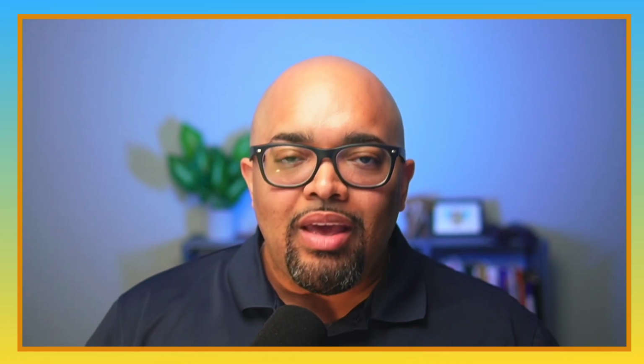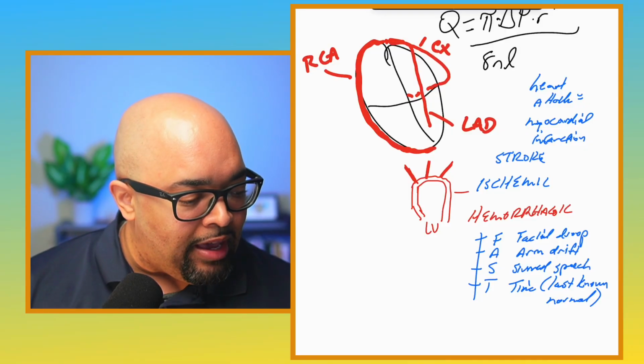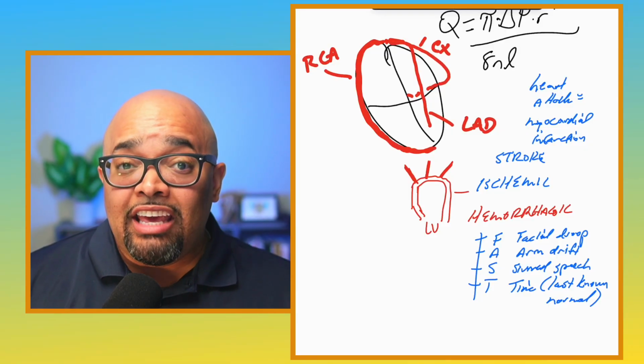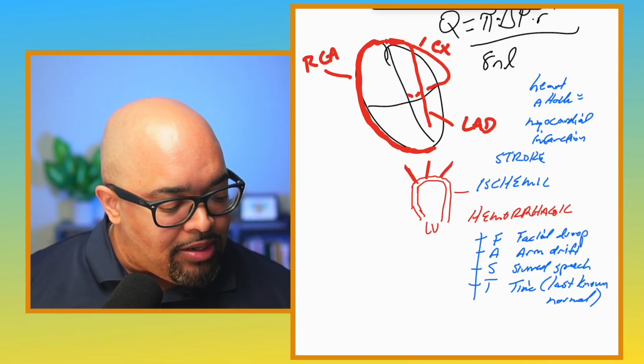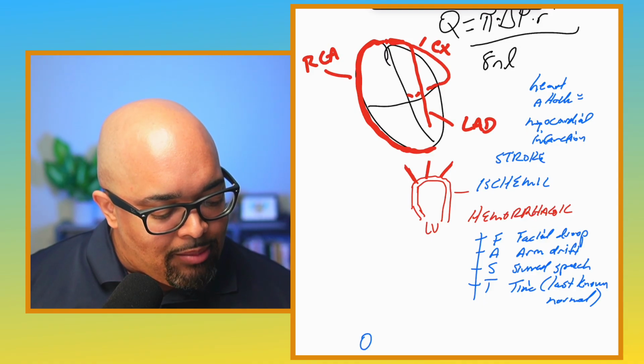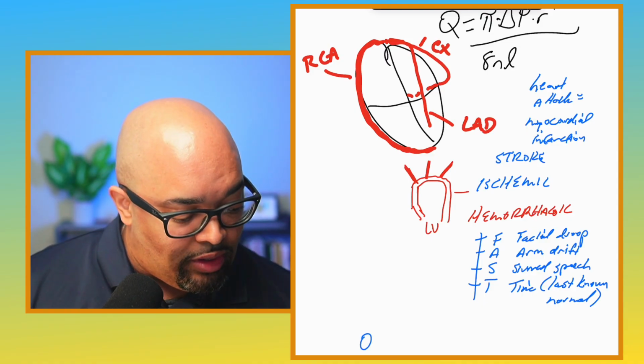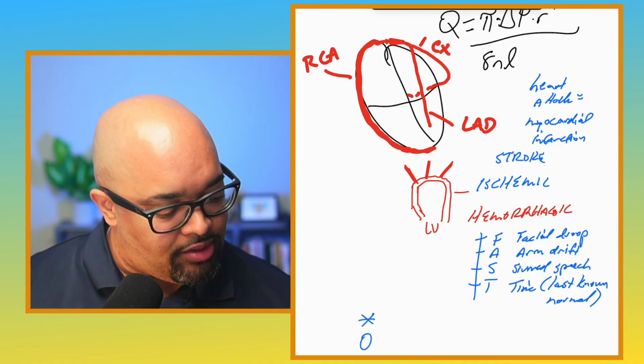Why do we care? Because if you remember in the earlier video when I was talking about inflammation, I said the first players that come on the scene are the neutrophils. So let's draw this out for you. In a stroke or in an inflammation period, let's say at time 0, something happens. So let's just put a star here. Something happens.